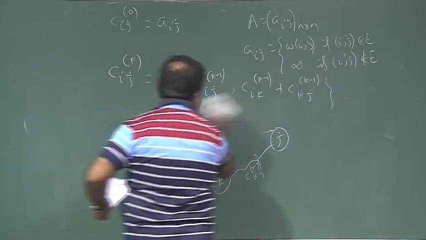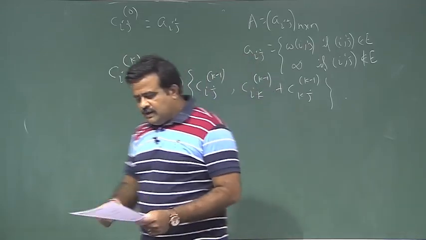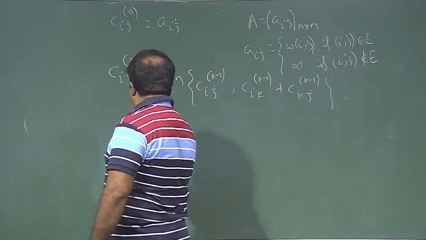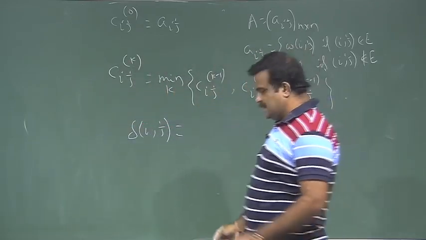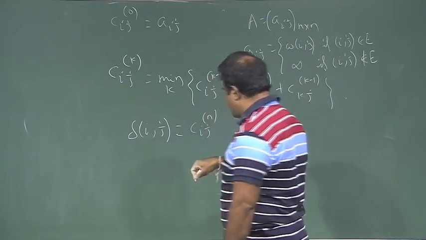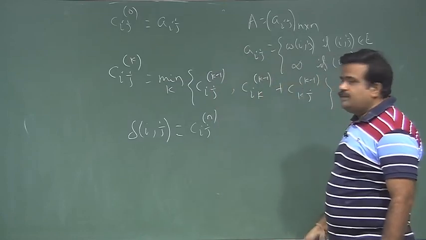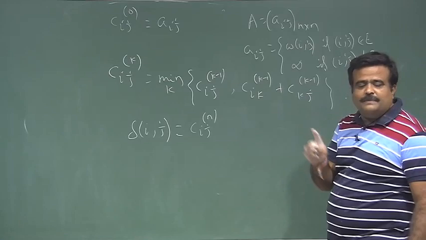So, what is the relationship between delta and Cij? Delta of ij, which is basically the shortest path from i to j, is basically Cij to the power n. Why? Because if there is no negative cycle, every path is a simple path.